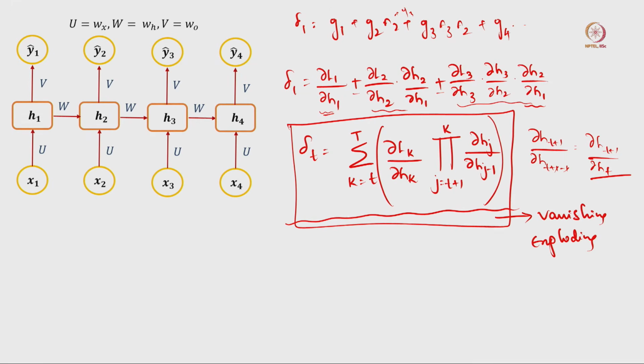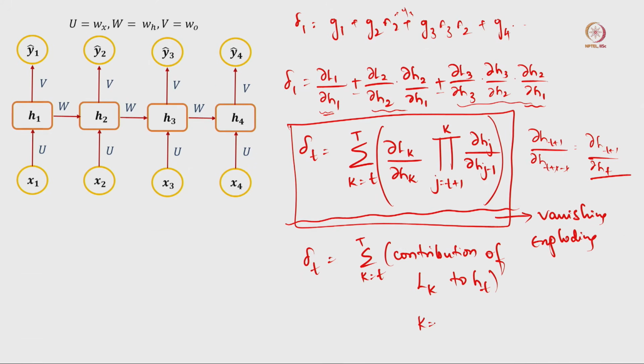So, if you have to understand this big scary formula, here I can write in short as summation k equal to t to capital T contribution of loss Lk to Ht. So, all the future terms. So, this is how you will be writing.